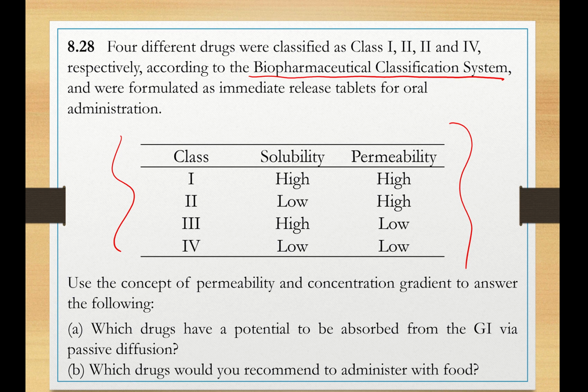You need to address whether the drug has a potential to be absorbed from the GI tract or not, and whether you would recommend administering this drug with food or without food. In order to decide that, you need to know whether the drug is a high permeability drug or not, and of course the solubility of the drug. So these two parameters.